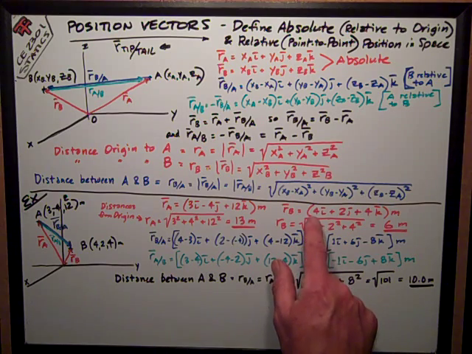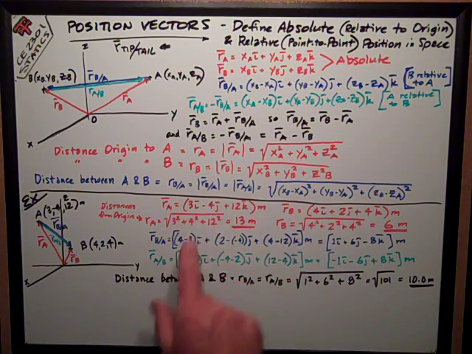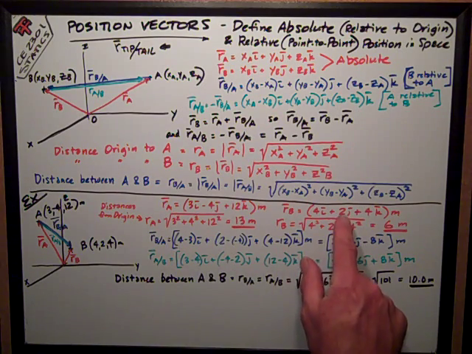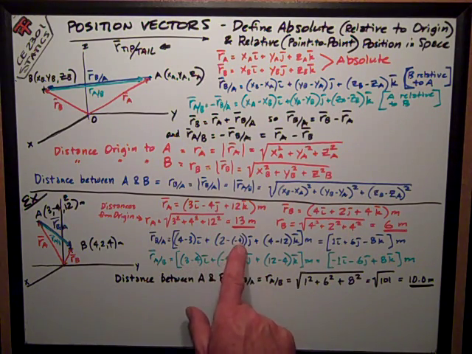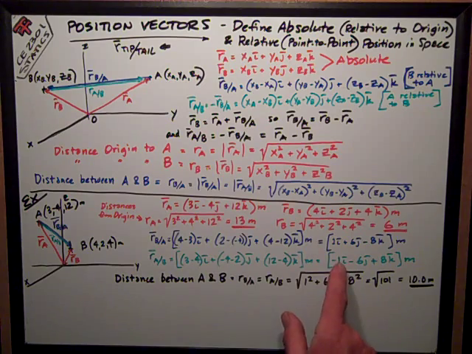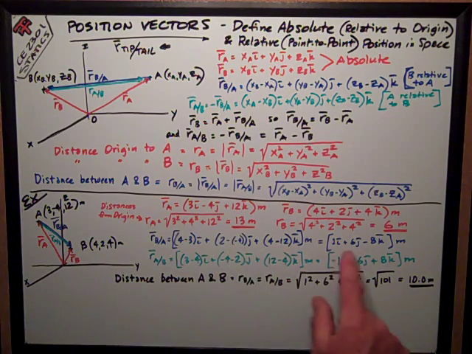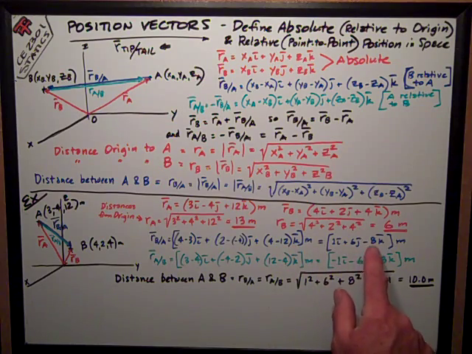So the B coordinates are 4 for the X direction, 4 minus 3, 2 minus -4 for j, 4 minus 12 for k. Do the math, you get 1i, usually wouldn't show the 1, plus 6j, 2 minus -4, and 4 minus 12 is -8k.